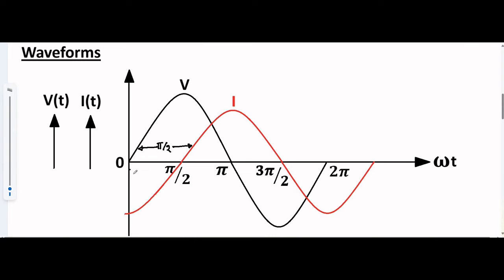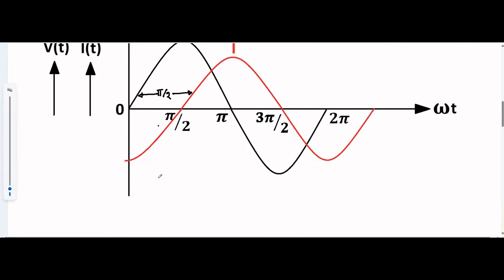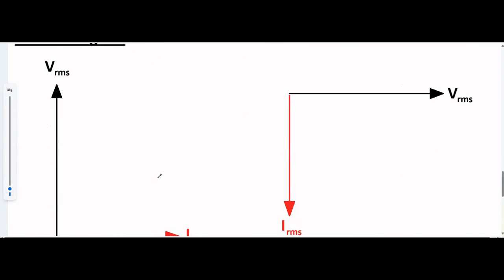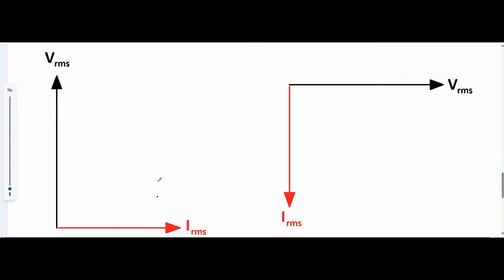Now suppose we have to draw the phasor diagram. It will be something like this. What I told you: voltage leads current by pi by 2 radian or 90 degree, or current lags behind the voltage by pi by 2 radian or 90 degree.